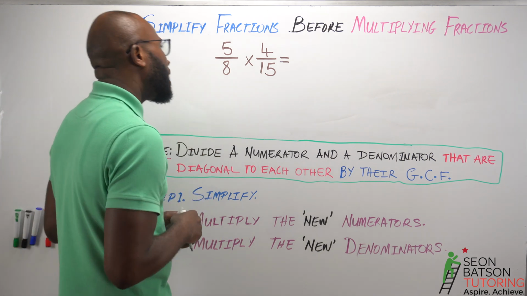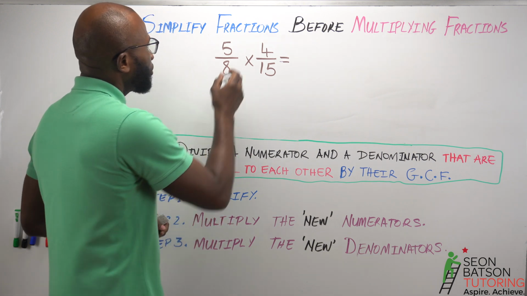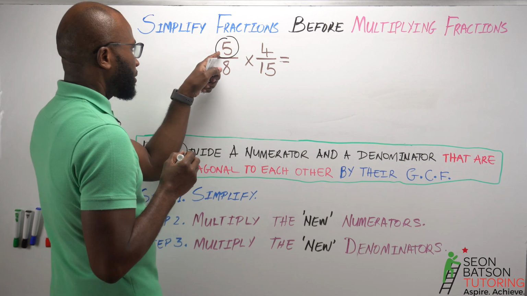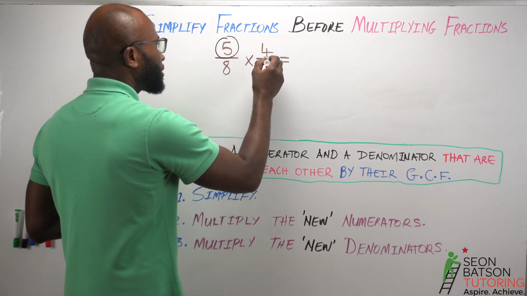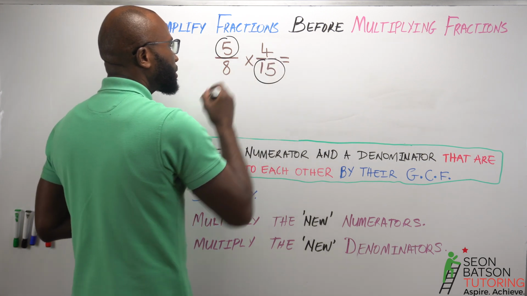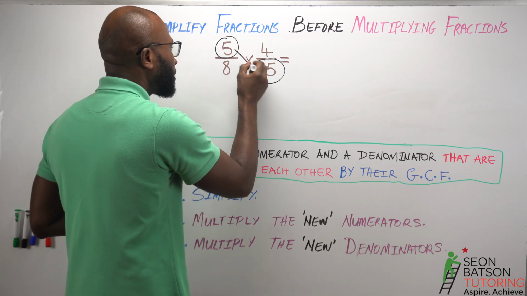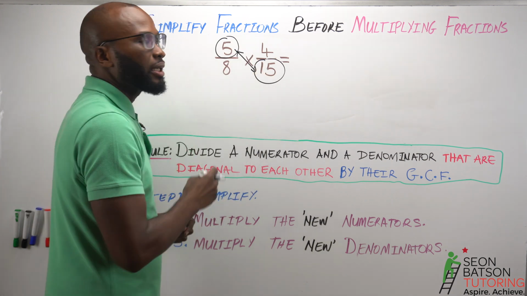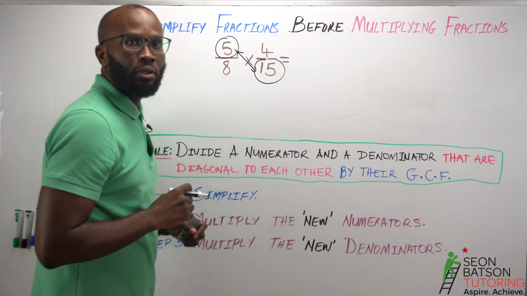So let us simplify. We will start with the numerator here, which is 5, and the denominator here, which is 15. Again, this numerator and denominator are diagonal to each other.